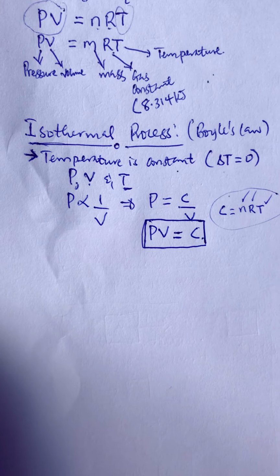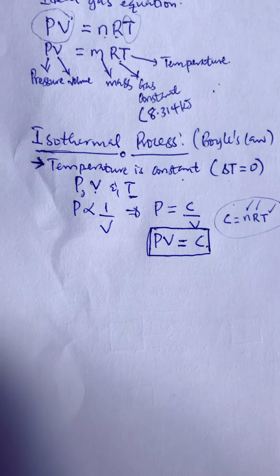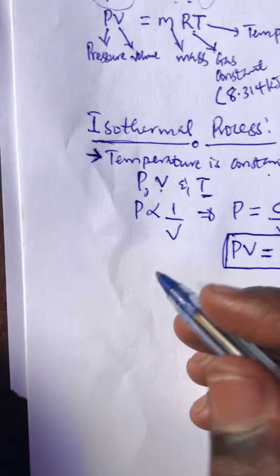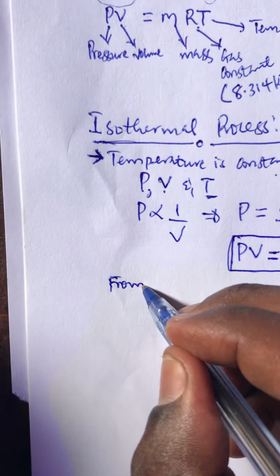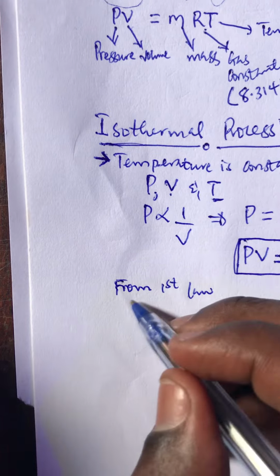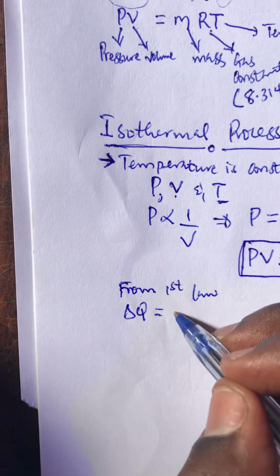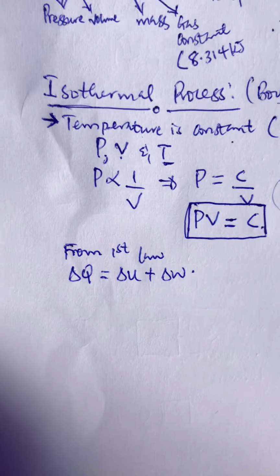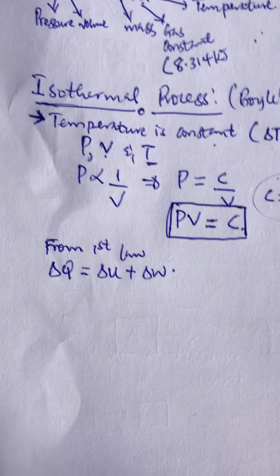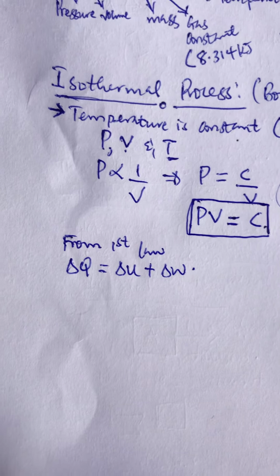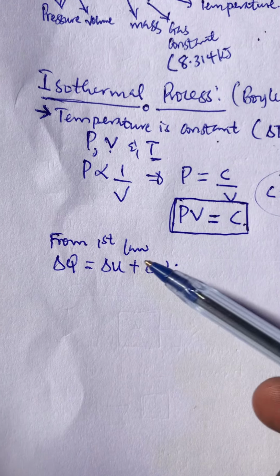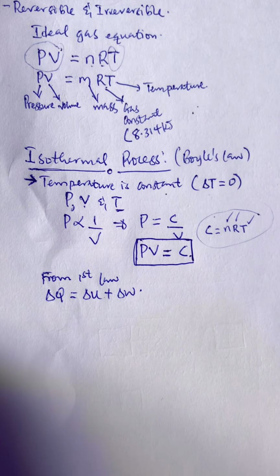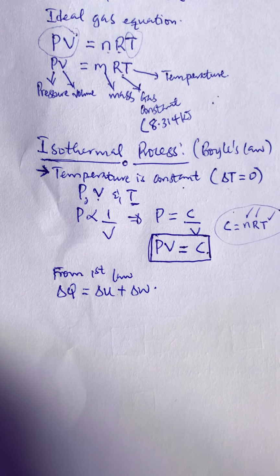That is basically an isothermal process. Now when we use the first law of thermodynamics, we know that the change in Q is equal to change in internal energy plus change in work done. Remember, internal energy depends on the temperature. When you increase the temperature, the internal energy must increase. When you decrease the temperature, the internal energy also decreases.